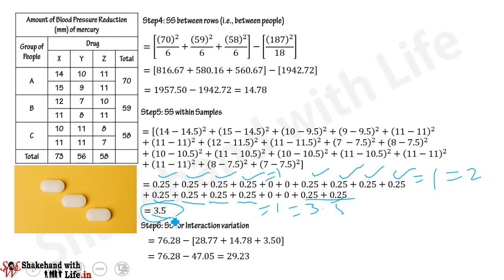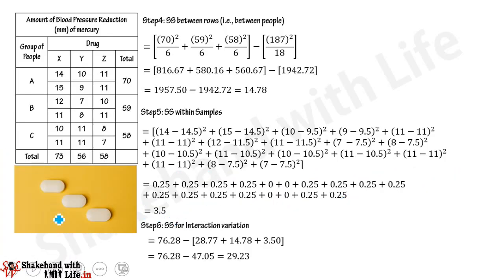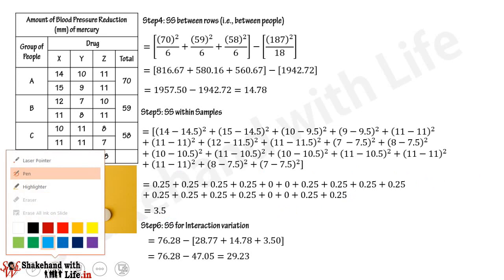Now in step number 6 we calculate the sum of squares for interaction variation. How do we calculate the interaction variation?